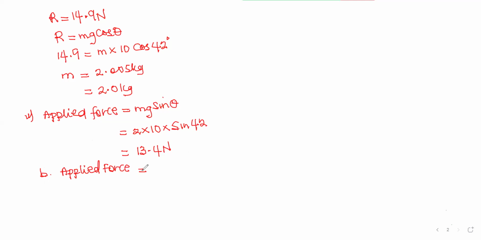Don't forget, A is different from B. Once there is an applied force pulling it up, then the resultant force must be the difference between the applied force and the unbalanced force.